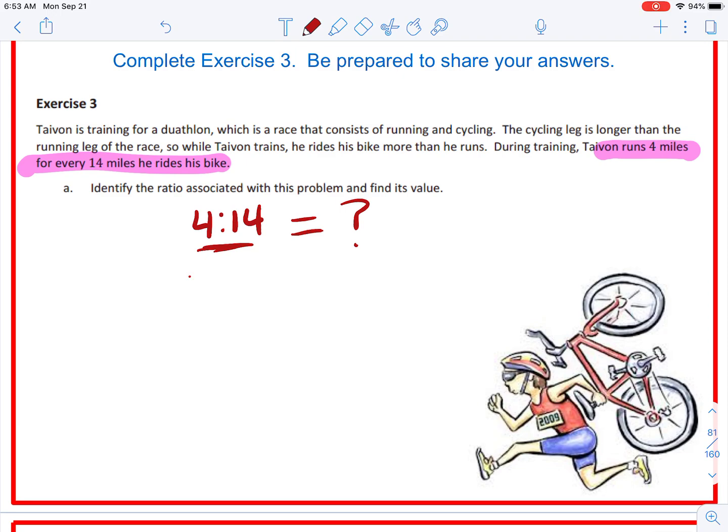Let's divide both of them by 2. And then we write this as a fraction, 2 over 7. That's as simplified as we can get. So 2 over 7 is our value for letter A, the value of our ratio 4 to 14. Guys, this is easier than you think. Don't overthink it.